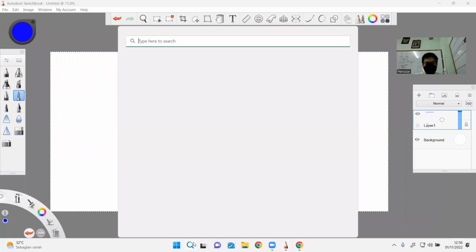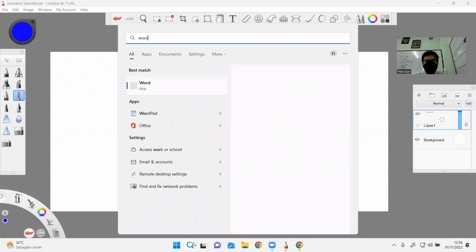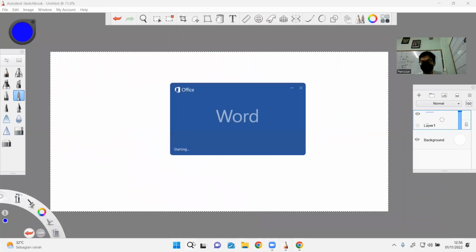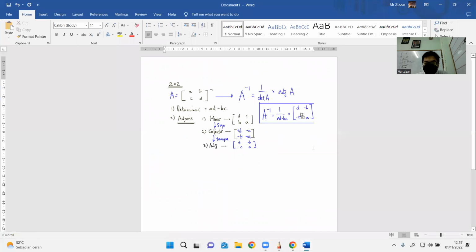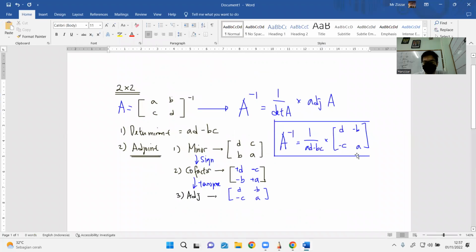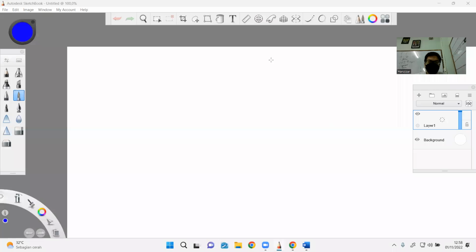And now we're gonna go for the 3 by 3 matrix. Why do I insist on keeping the formula? Because the 3 by 3 matrix is very hard. It requires you to use the 2 by 2 formula. Okay, we continue for the 3 by 3 matrix.